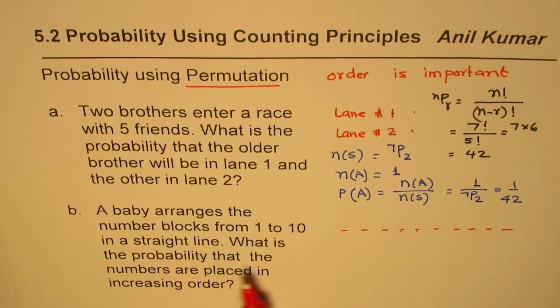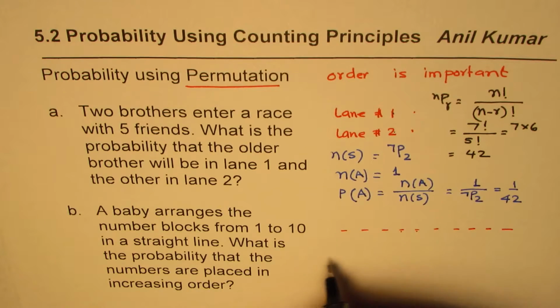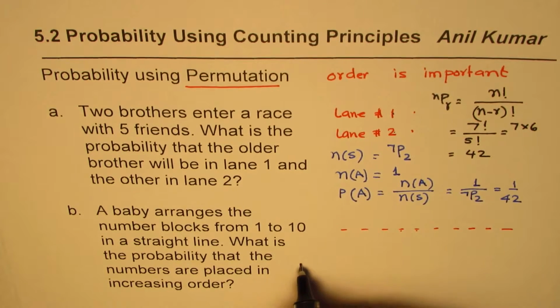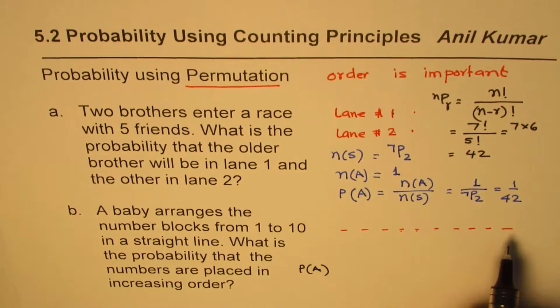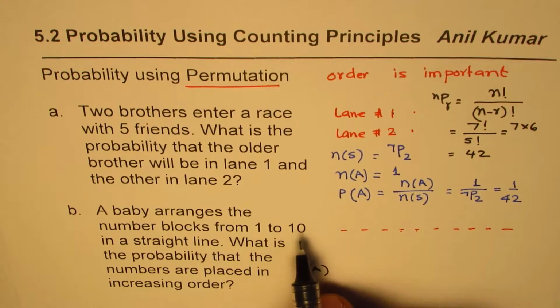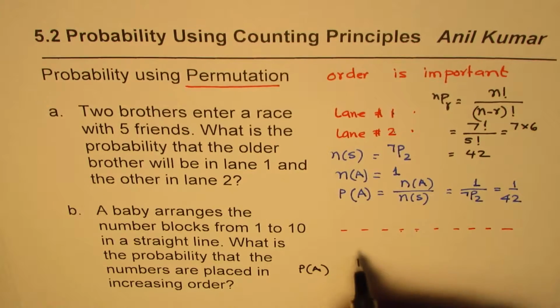What is the probability that the numbers are placed in increasing order? So our event is increasing order. If I have to put all the numbers in increasing order from 1 to 10, then there is only one way of doing it.